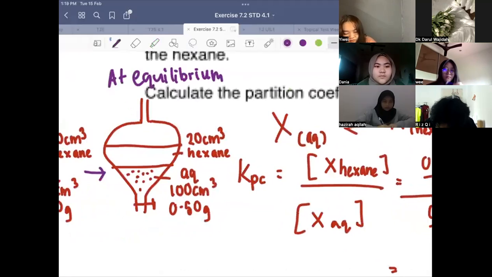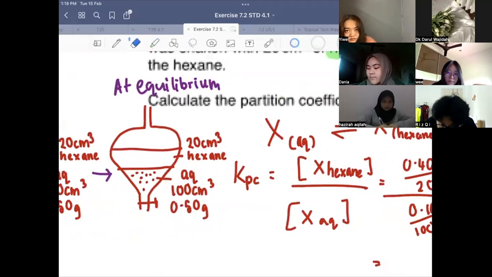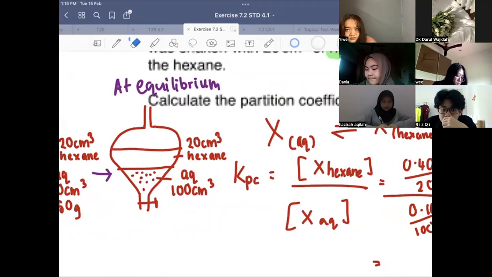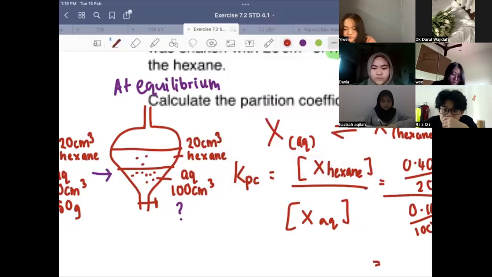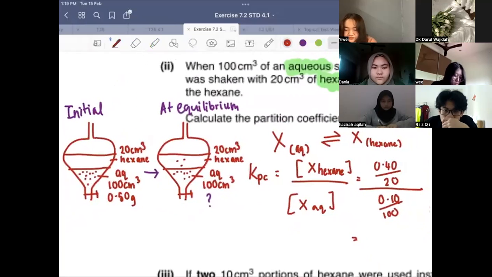We still have the same volume, except this time the mass is no longer 0.50 grams, okay? It will be something else. And some of my solute have also moved into the hexane layer, right?